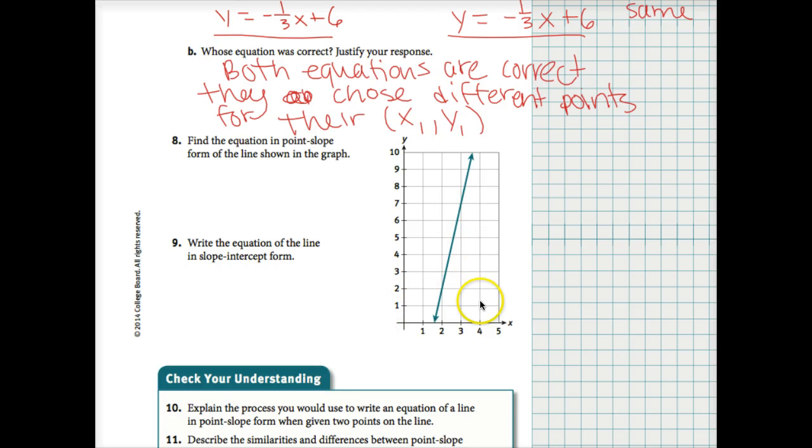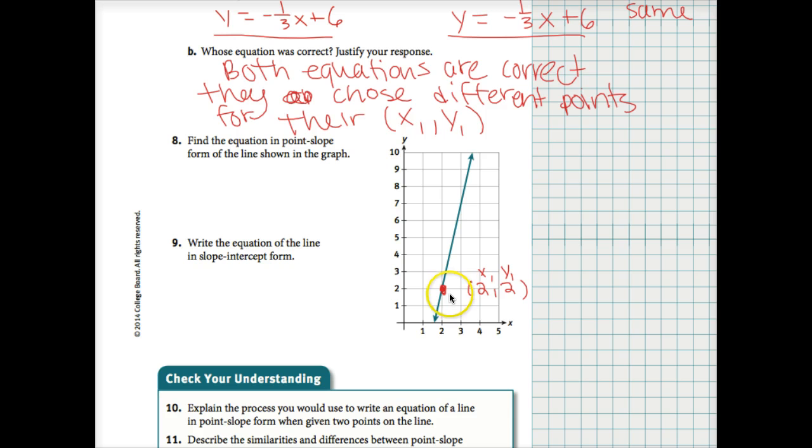So I can pick any exact point that I want. So the first one that I see here is at (2, 2). So I'm going to go ahead and use that one. So I'm going to make (2, 2) my x1, y1. Now again, you could choose any other exact point you want. I see another one up here that we could have chosen.